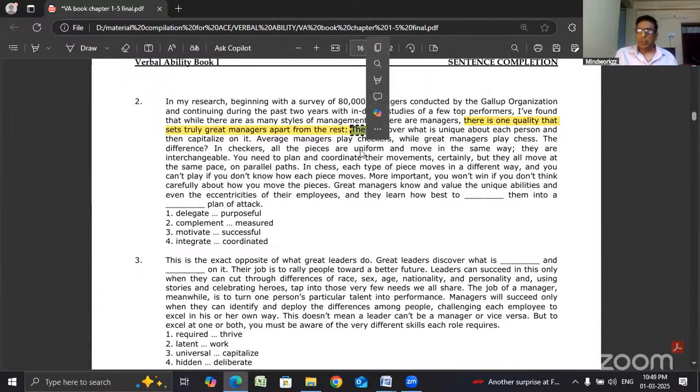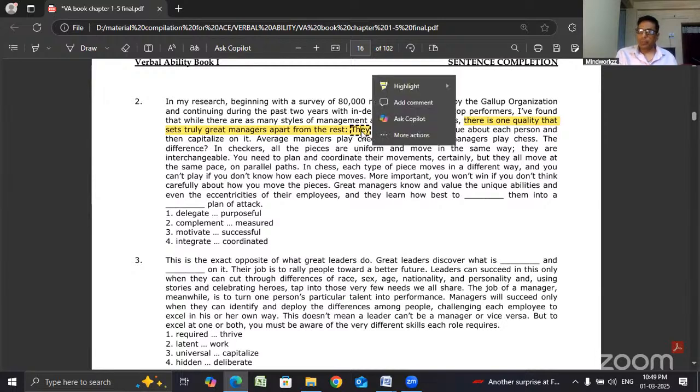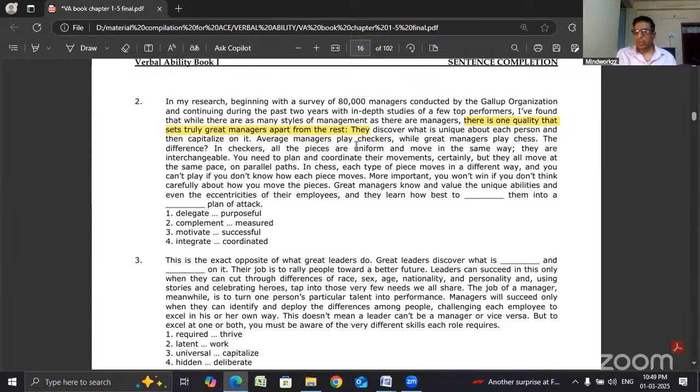They, who? They comes for what? They discover what is unique about each person. So who is this they?